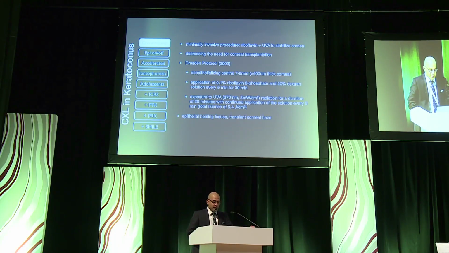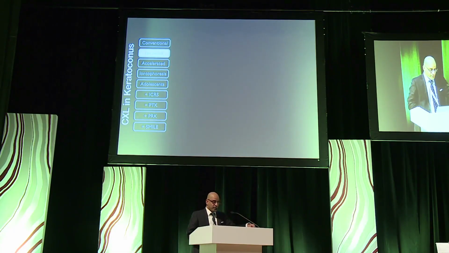And of course, there were epithelial healing issues and transient corneal haze that came up. Several studies have confirmed that cross-linking is indeed effective in stabilizing and even flattening the cornea. The Dresden protocol had the epi-off approach, where the epithelium was taken off to allow better penetration of riboflavin.